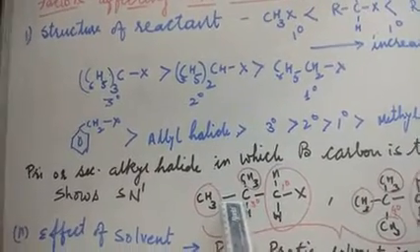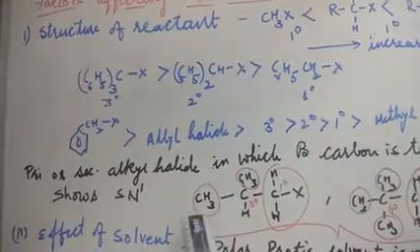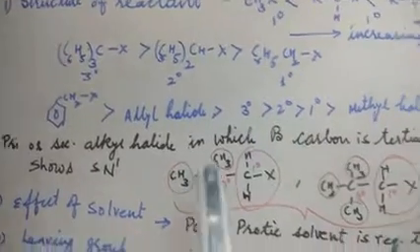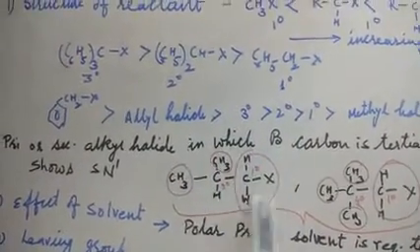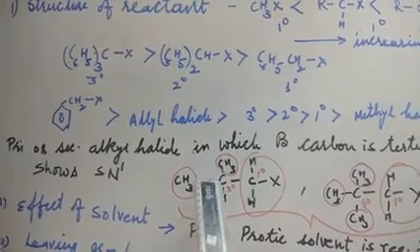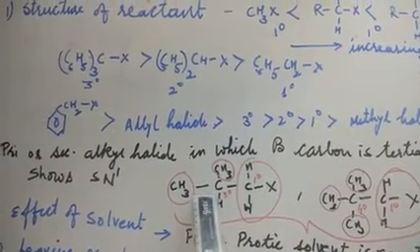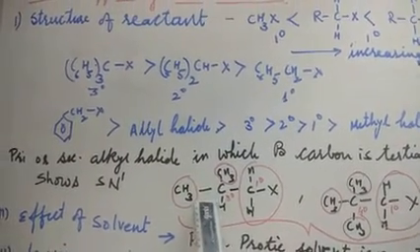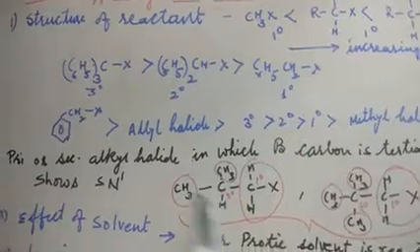Why tertiary? Three alkyl groups are attached to it. One alkyl group, second alkyl group, and this is the third alkyl group. So the beta carbon is showing tertiary nature. That's why this shows reactivity towards SN1.